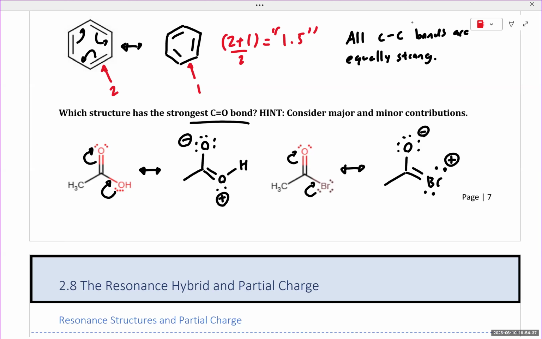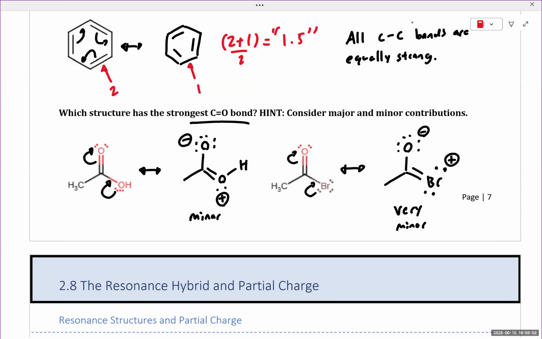Oxygen is not happy with this positive charge either, but bromine in particular and other halogens, it's generally quite rare to place positive formal charges on halogens in a major contributing resonance structure. So this contributor we would consider very minor, while this contributor would be minor but less so.